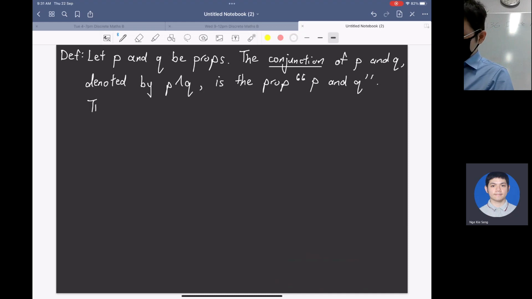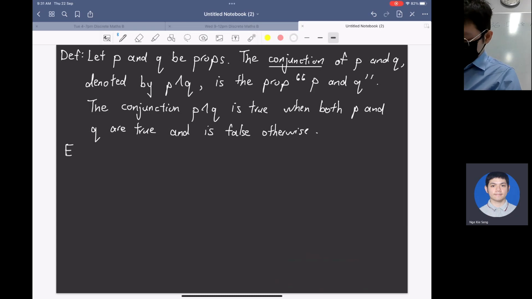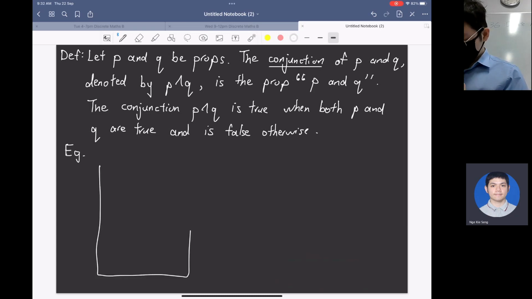So conjunction is a proposition. So when is it true? P ∧ Q is true when both P and Q are true, and it's false otherwise. So there's only one condition where it can be true. Okay, let's see the truth table here.